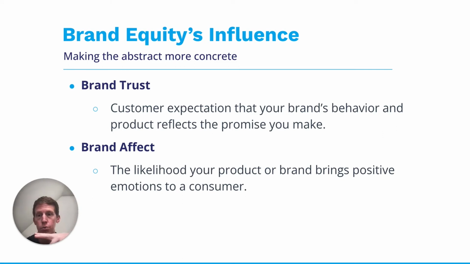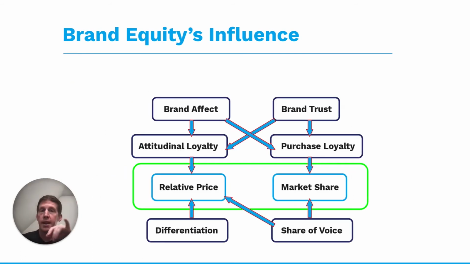That's either through their use of the product, where they develop strong emotions because of that, or because of your advertising or just your corporate behavior, like Patagonia, which does a lot of beneficial things for the environment. Brand affect and brand trust both affect the things below them, attitudinal loyalty and purchase loyalty, and through those affect both of the bottom line factors as well.